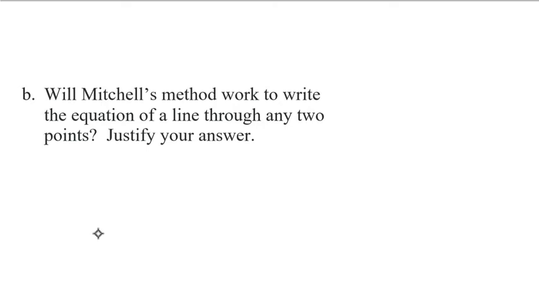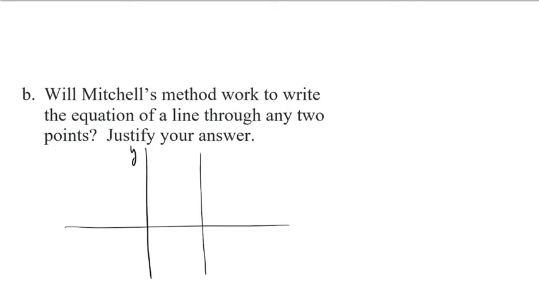You know, the one place where I think this could fail, let's see, this is the y-axis, and this is the x-axis. If I have a line that has these 2 points, let's say this point is x is 5, y is 6, and here x is 5, y is negative 2. I think a vertical line, I don't know.